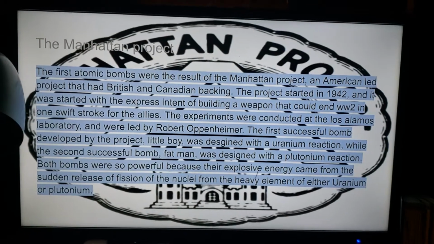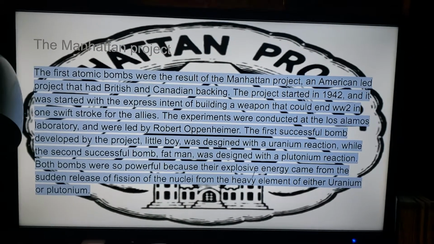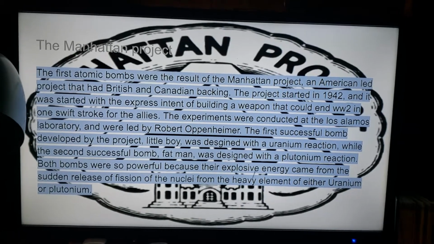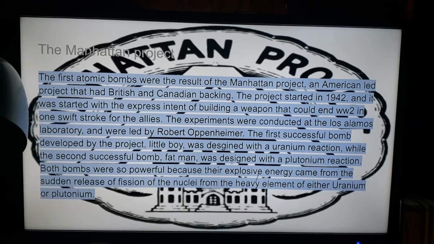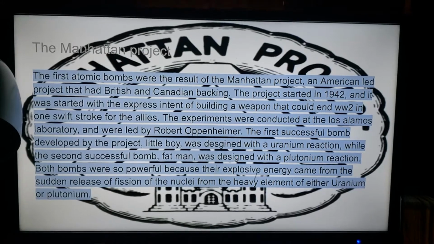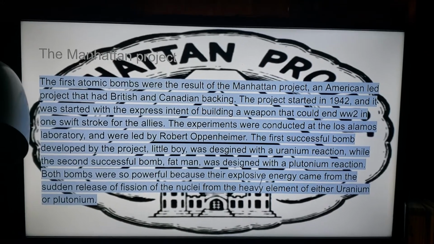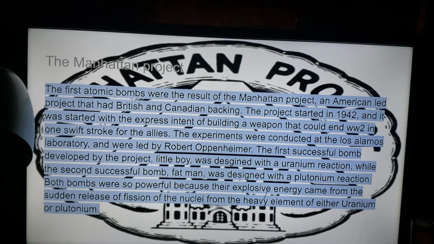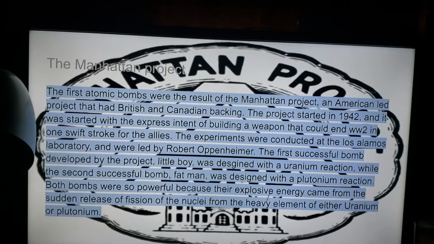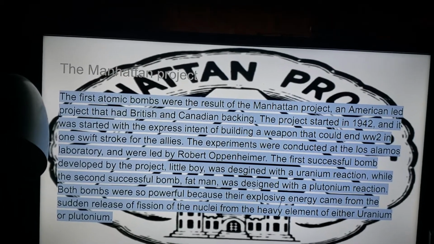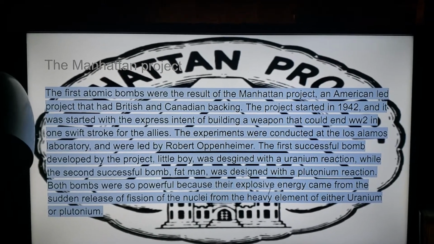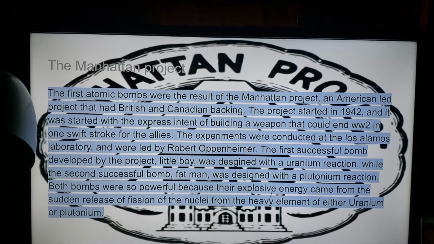The Manhattan Project was responsible for creating the atomic bomb, which started in 1942 with the intent of building a weapon that could end the war swiftly. Because at the time, an invasion of the Japanese home islands would have been deemed almost suicidal by the American commanders. The invasion would be larger than D-Day, and they knew that the Japanese would fight desperately for their homeland.